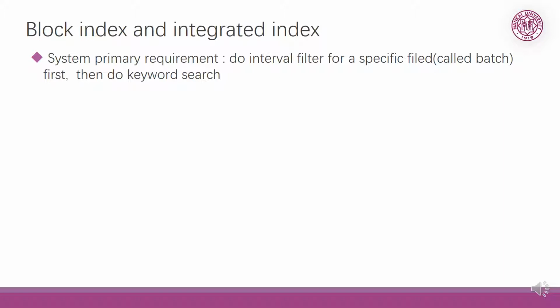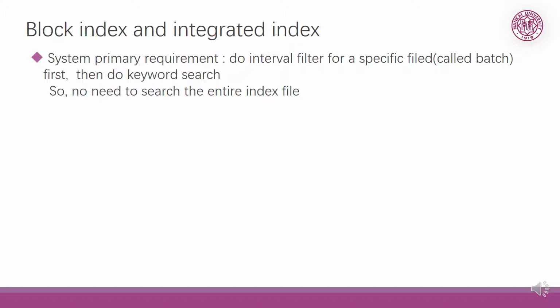The size of the index file increases linearly as the number of emails to be indexed increases. Our system's primary requirement is to do an interval filter on the specific file batch and then do keyword search. It seems not necessary to search the entire index file every time.